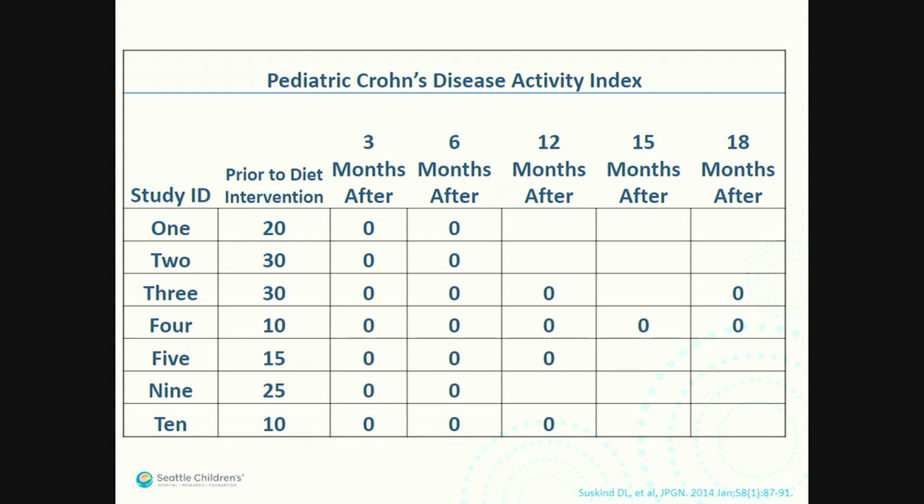And you'll see that referenced a number of times in the slides that we're going to be going over. And below 10 is remission. Above 10 to 30 is mild disease. Above 30 is moderate to severe. And you can see after 3 months, they came back asymptomatic.